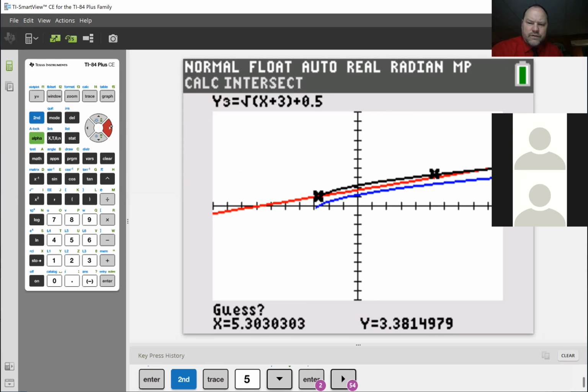And get over there for our guess. 8.657 as our upper limit.